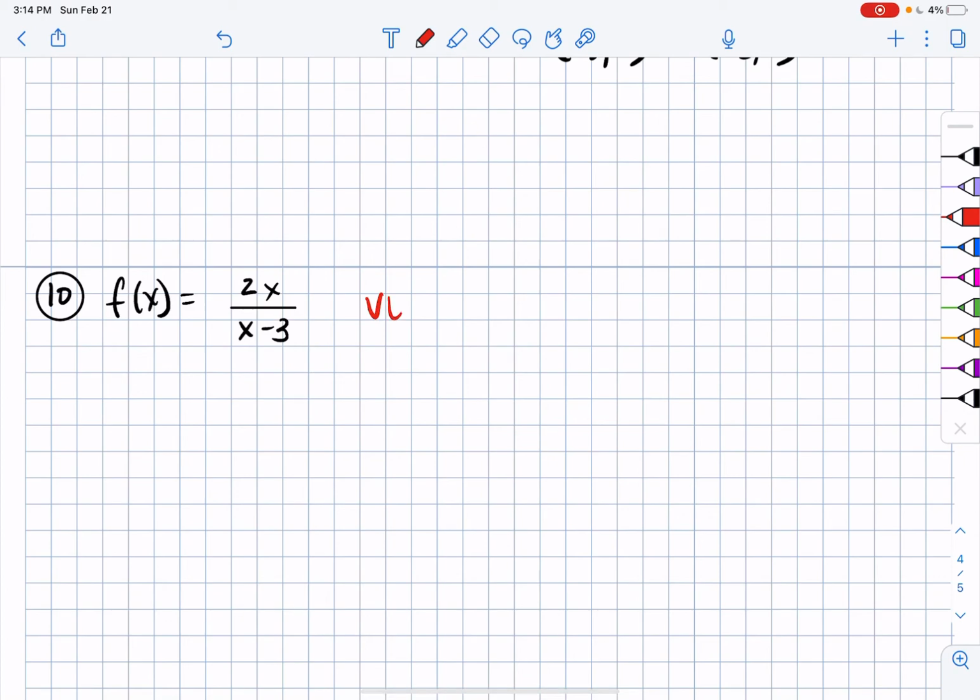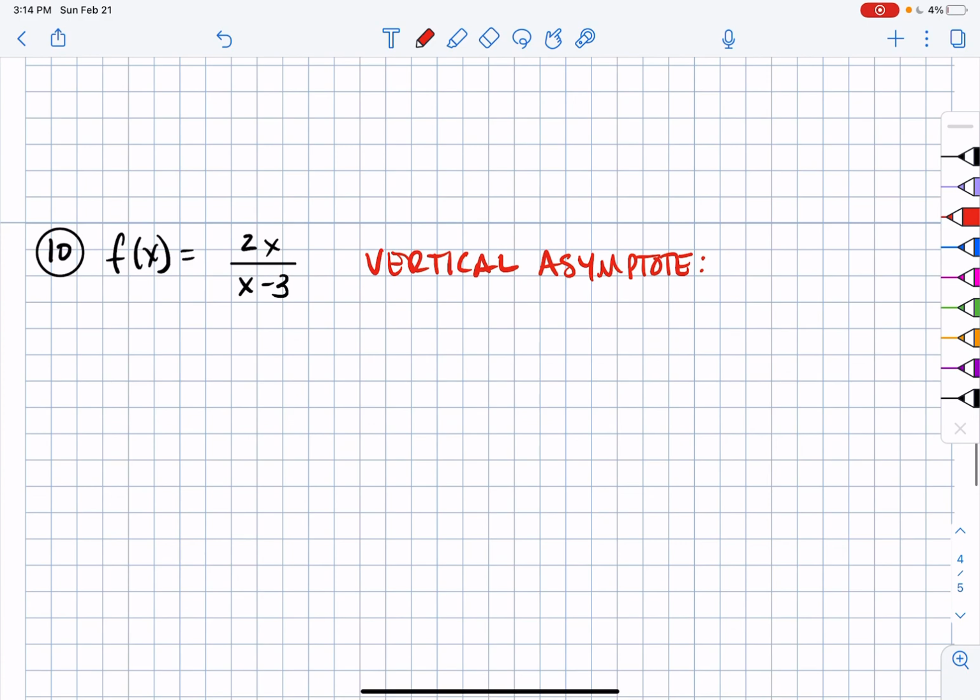The vertical asymptote is part of the restriction. So I take the denominator, x minus 3. Since that cannot be 0, that means x cannot be 3. Okay? So this is the restriction.